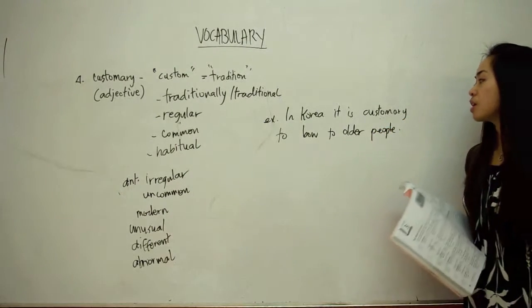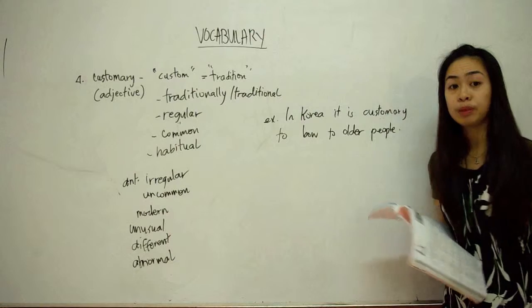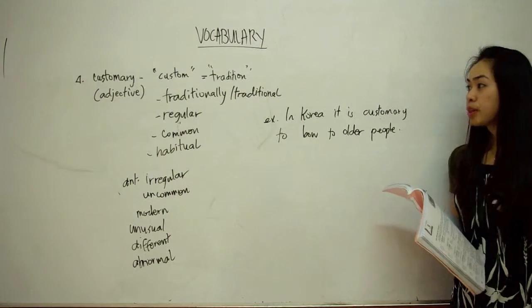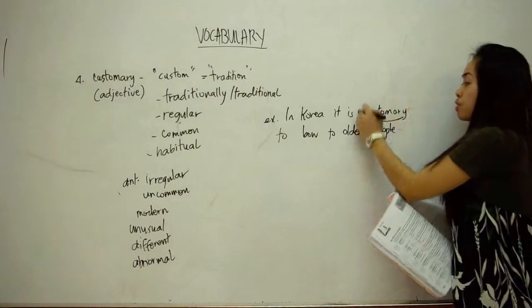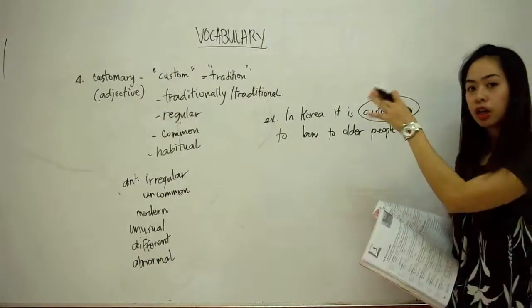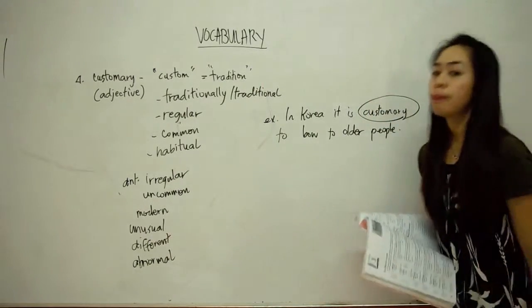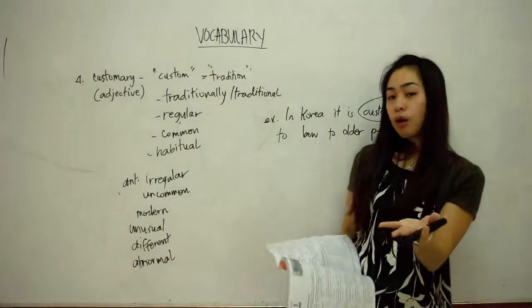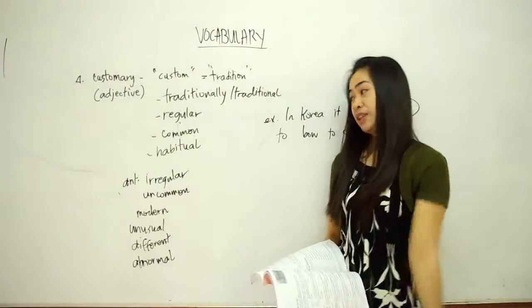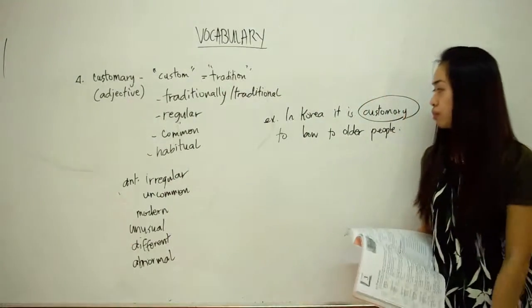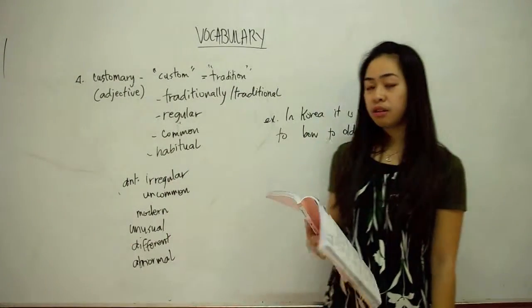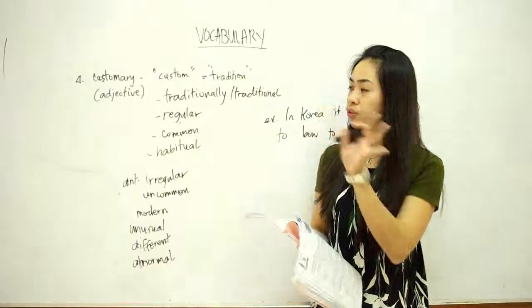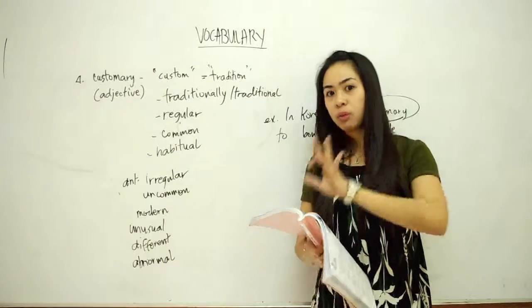Okay, in Korea, it is customary to bow to older people. So in this case, customary means it's already part of their custom that Korean people bow in front of older people to give the sign of respect. So for Korean people, they bow as a sign of respect, which is different in the Philippines, we have a different way.